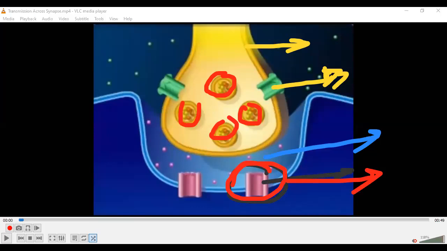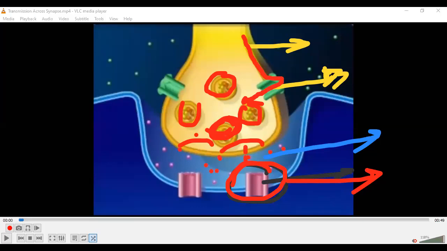In the animation, when I start the video, the impulse comes to the calcium gated channel. The impulse opens the calcium gated ion channel, which brings in calcium ions, which break the synaptic vesicle. Vesicles come nearer and release the neurotransmitter into the synaptic cleft.